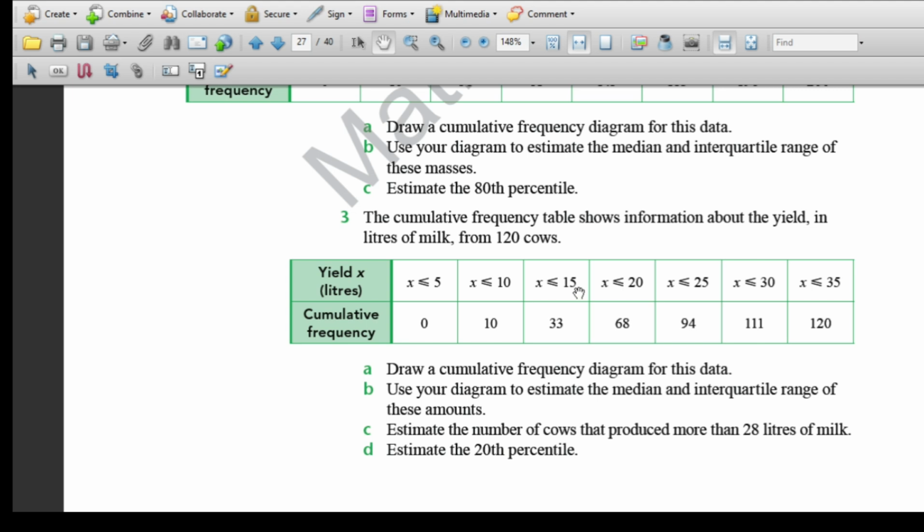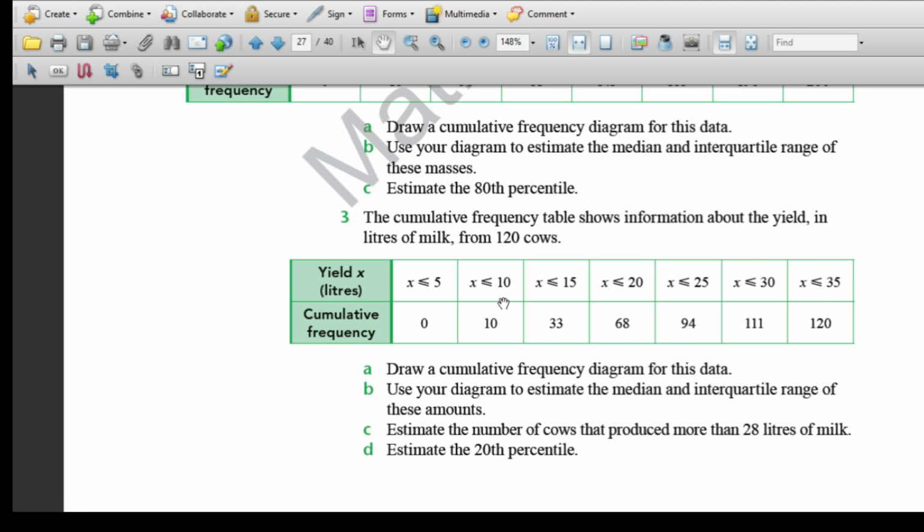Up to 5 liters gives no cows, 0. Up to 10 liters gives 10 cows. Up to 15 liters gives 33 cows, and similarly, 120 cows give up to 35 liters.